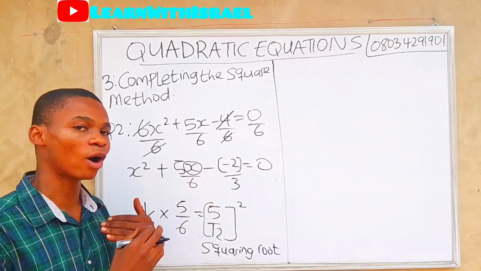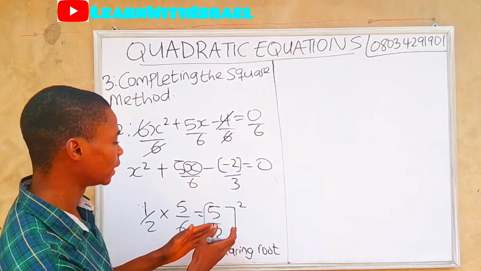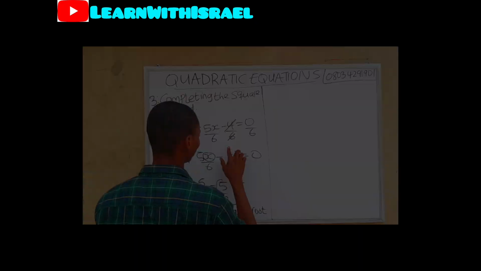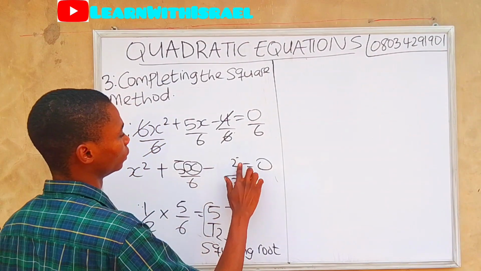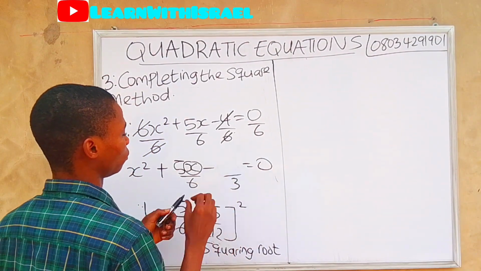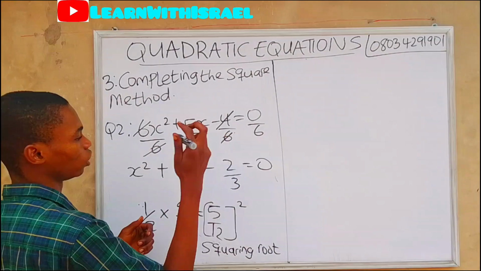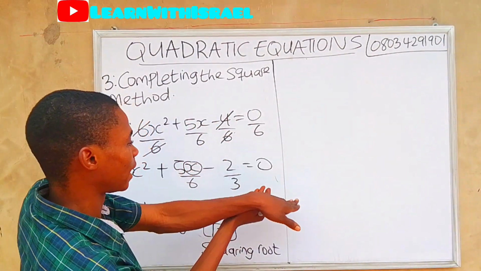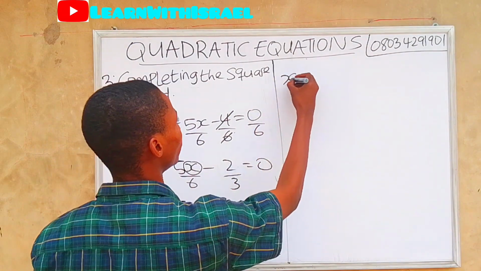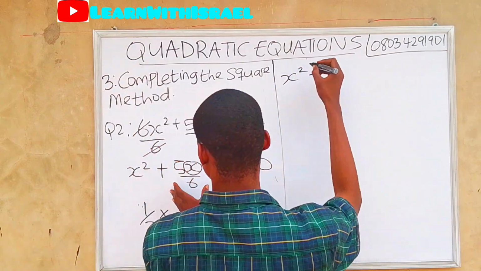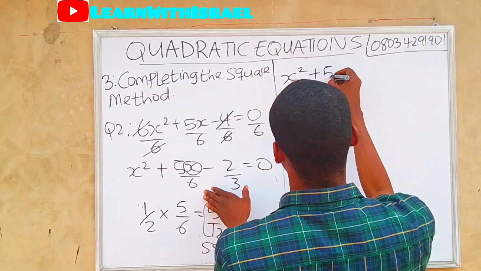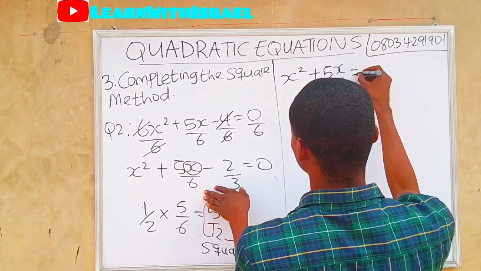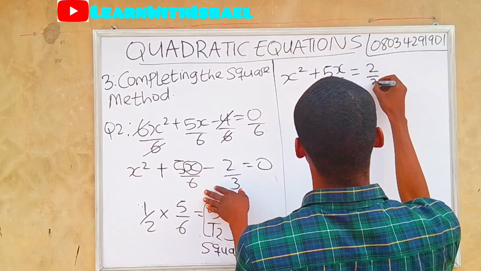So after you square, what next? You are going to add this value to the left hand side and the right hand side. There is no minus here. So don't forget that we need to take this value to the right hand side. So x squared plus 5x all over 6 equals 2 over 3.